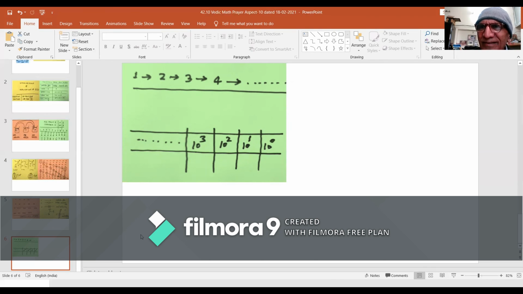However, when we come to the mathematical domain of Ganita Sutra 2, it provides us that this addition at the base shifts at the index. See, we can increase 1, 2, 3, 4, and we can simultaneously increase 10 raised to 0, 10 raised to 1, 10 raised to 2, 10 raised to 3. It is this shift from base to the index.